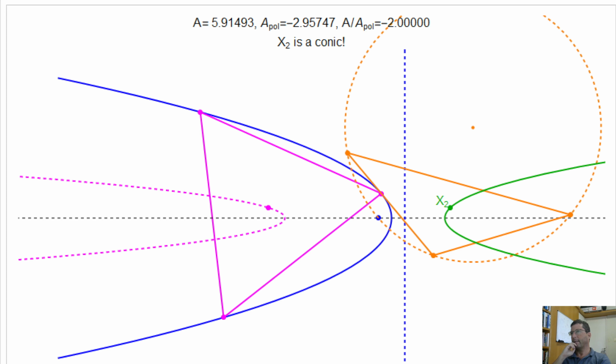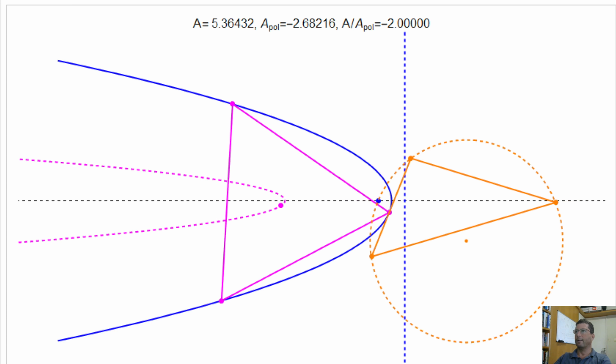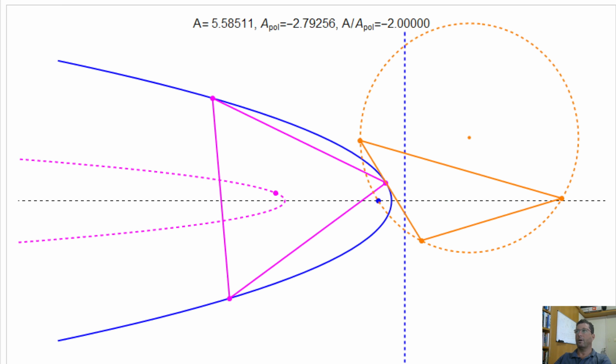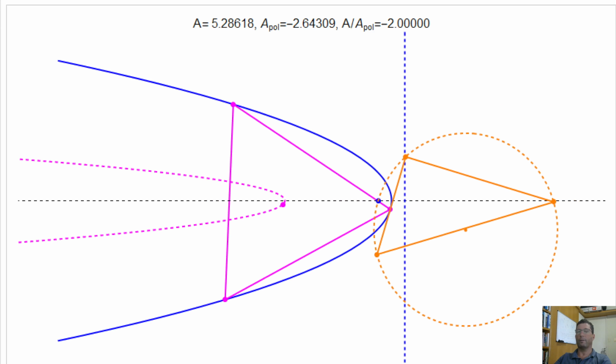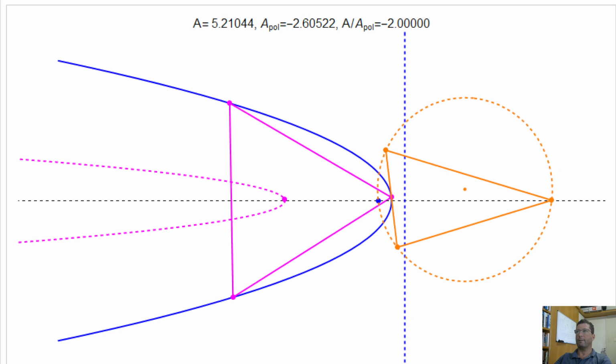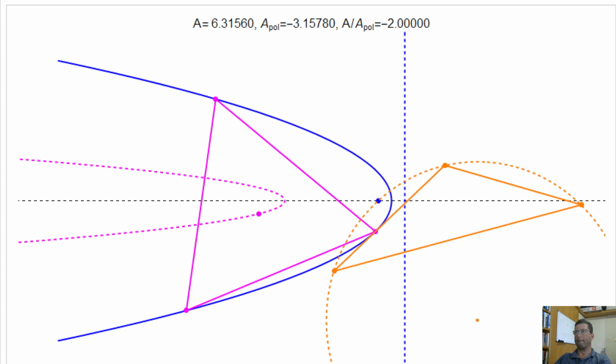Secondly, you're seeing that, as expected, the circumcircle of the polar contains the focus. Let's turn off this green locus. So I can see here that dynamically the circumcircle of my polar family contains the focus, and this is all to be expected. Okay, this blue parabola is in fact an inscribed parabola to the orange family.